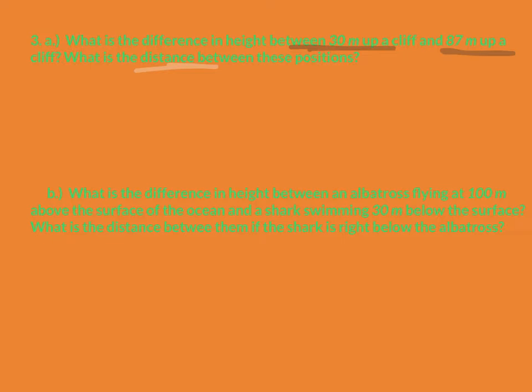So we're finding out what is the difference between 30 meters up a cliff, so that means it's positive 30, and 87 meters up. The difference, that of course means I'm subtracting positive 30 minus 87.